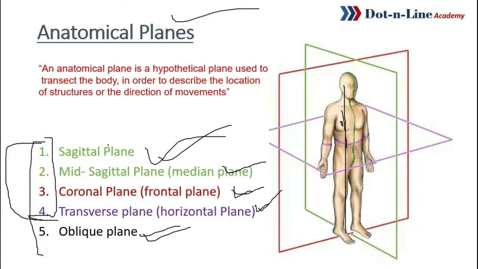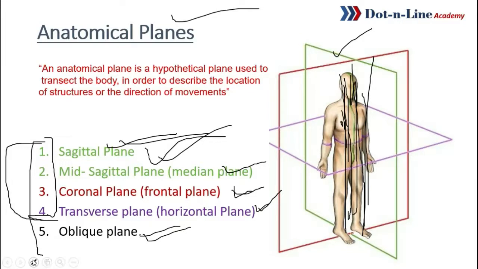Like for the sagittal plane, this green plane is a mid sagittal plane because it is cut from the midline. But when we cut the subject from beside the midline, from here or from here, when the body is divided in two halves, that means left and right, we will say that the body is cut through a sagittal plane.